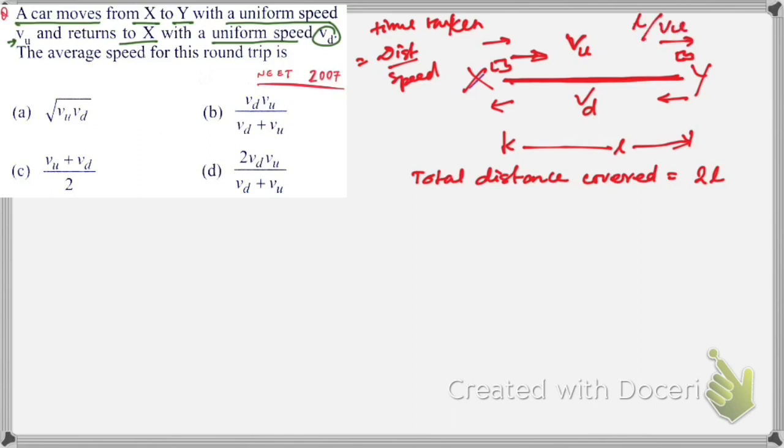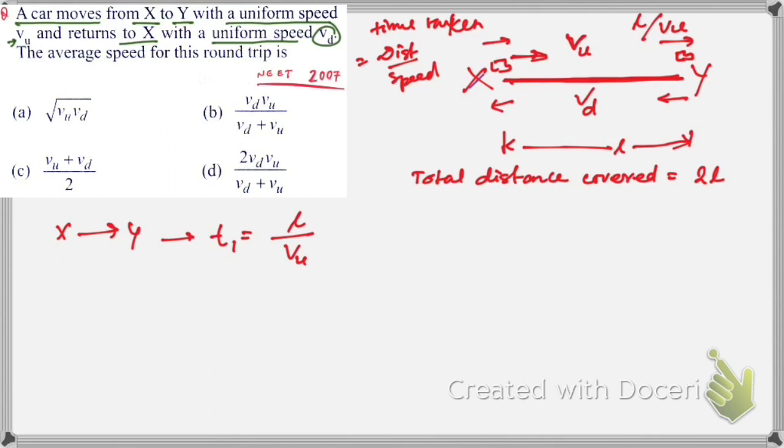Because while going from X to Y, what will be the time taken? T1 will be, the length of the path we have taken L, this is the distance covered while going from X to Y, divided by the uniform velocity VU, then it gives the time taken to cover XY, right?